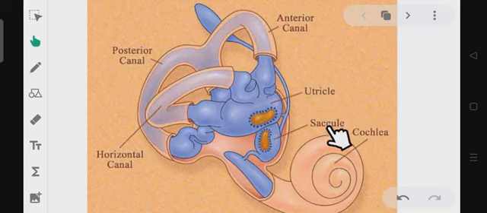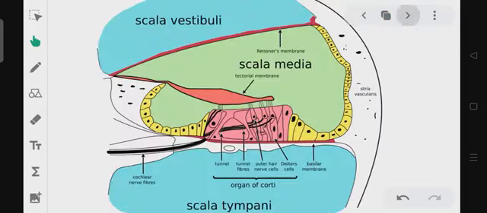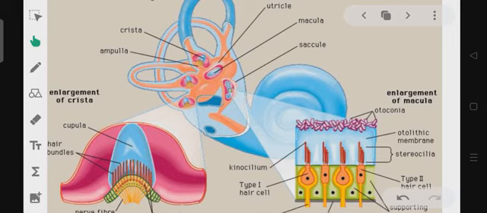We have discussed that they both have some kind of sensory receptors, or sensory membrane, known as the macula. You can see this is the macula, that's the utricle portion, that's the saccule portion, and this utricle or saccule connects the semicircular canals with the inner endolymph of the cochlea. So that is the macula over here, and the other thing is the hair.